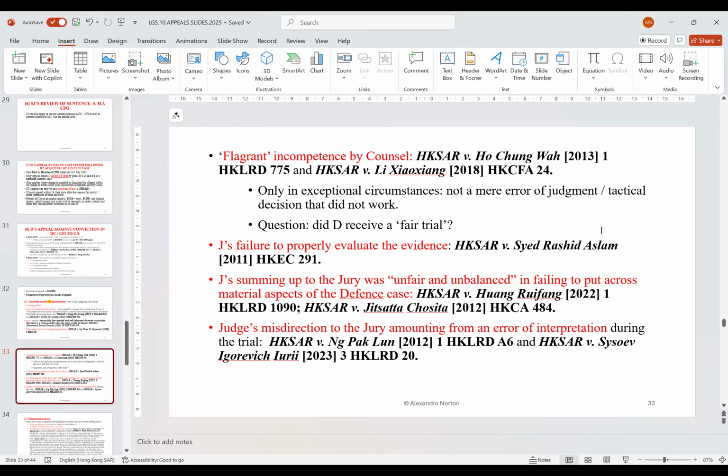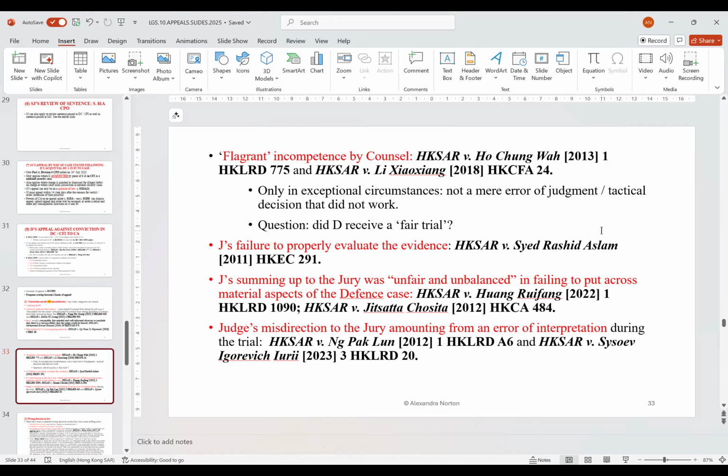Now, the judge has this overriding obligation to make sure that in summing up the case to the jury, he doesn't excessively emphasize the prosecution's case over that of the defense. So where the defense has called witnesses and raised issues in their defense, those should be accurately summarized for the jury.